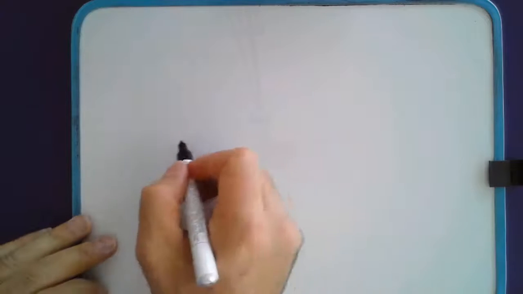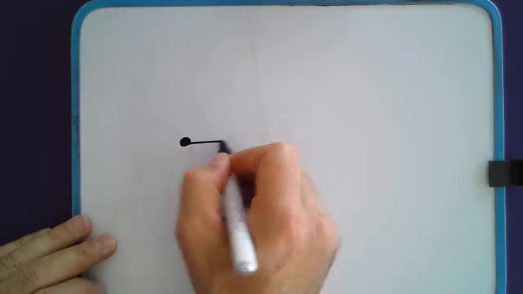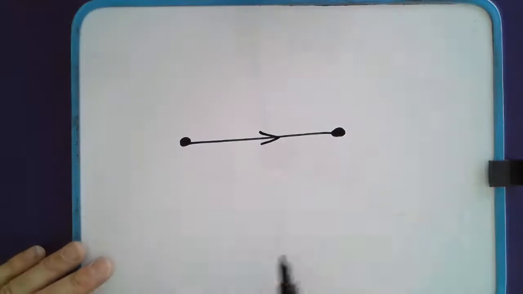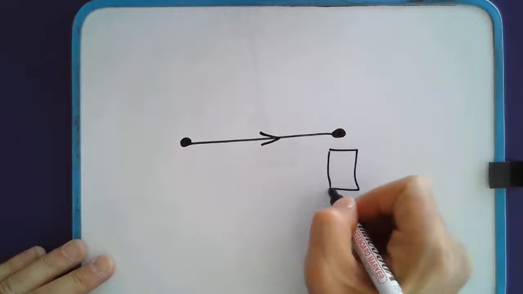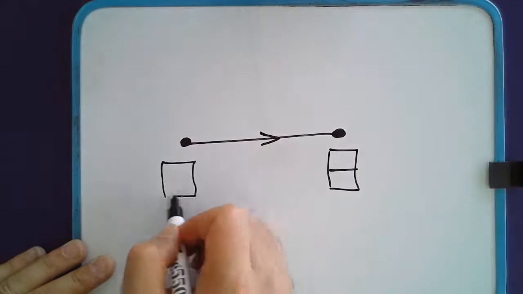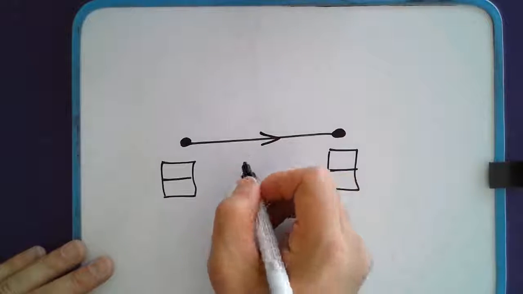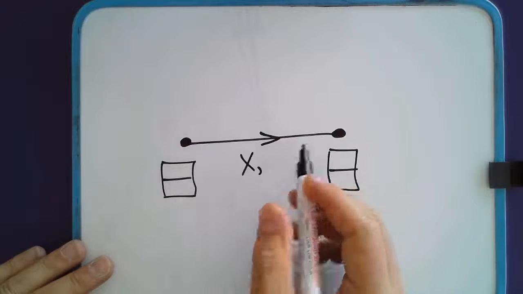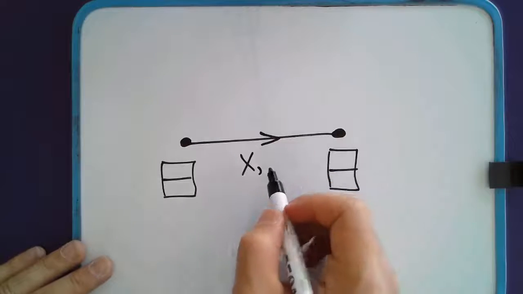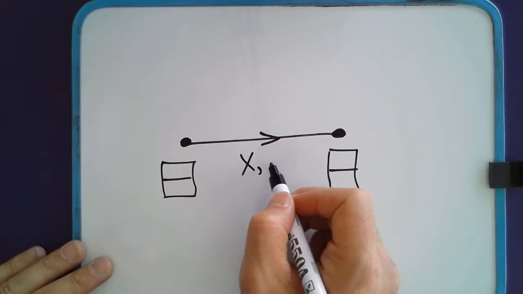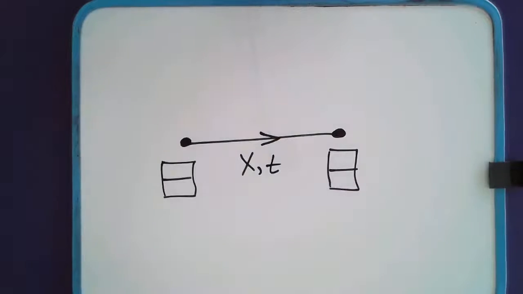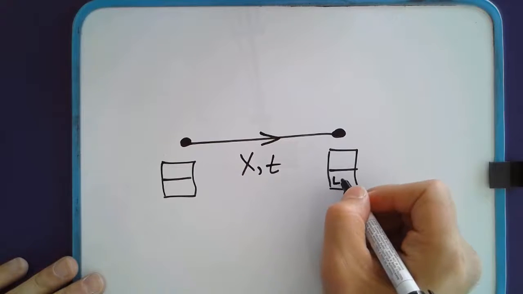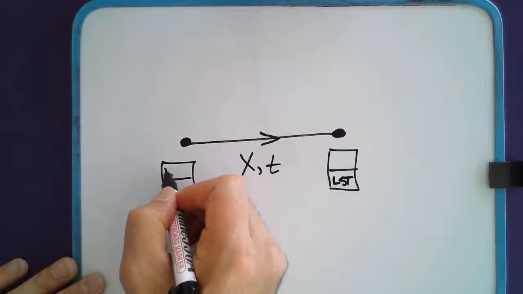So just to summarize, if we have an activity, for example activity X, and it takes a certain amount of time, let's say T hours. This is the LST here, and this is the EST here.